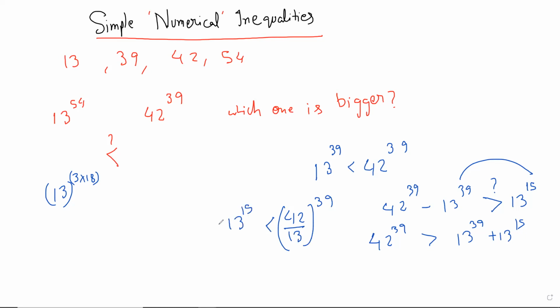This is correct, you can just check. 13 raised to the power 39, you are kind of bringing that down here. Why am I writing greater than? I'm saying just question mark. But is this an easier question or not? You have to think. Maybe this can be used to finish the problem. So let's think.